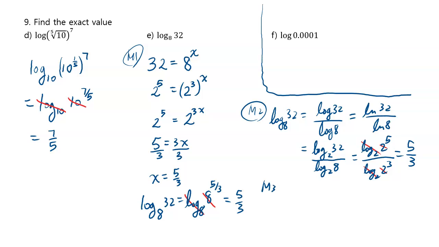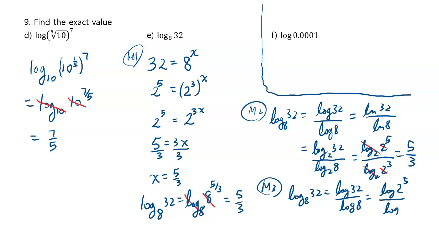Now, still another method is if you have a hard time thinking about choosing log base 2, then you can just use either one of these. So let me show you. Log base 8 of 32 is the same thing as log of 32 divided by log of 8. And log of 32 is log of 2 to the 5th power.